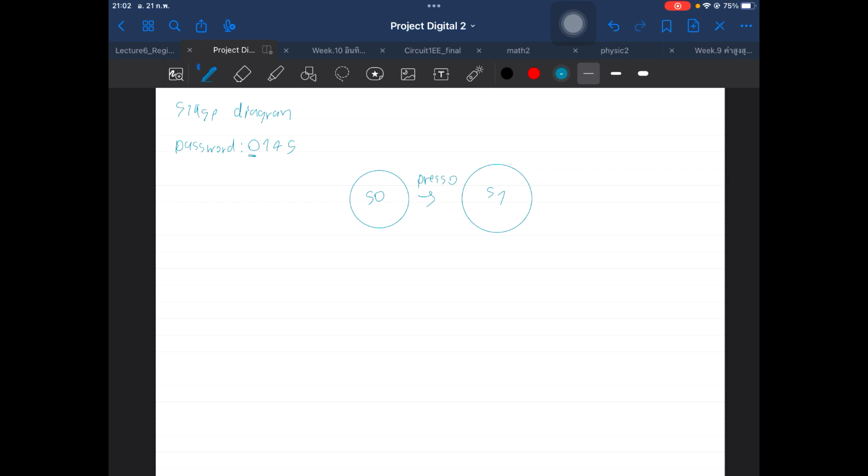In my condition, if you press wrong or not press, it will stay in state 0. This is all of state 0.